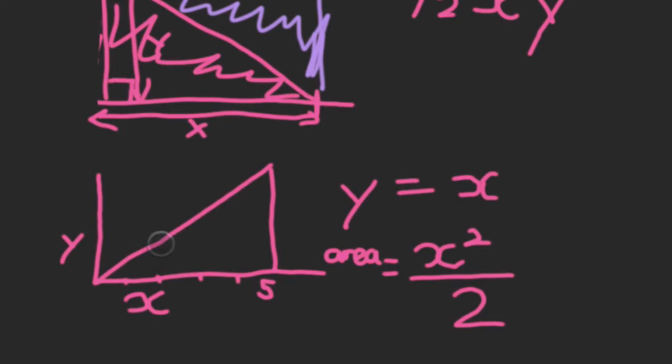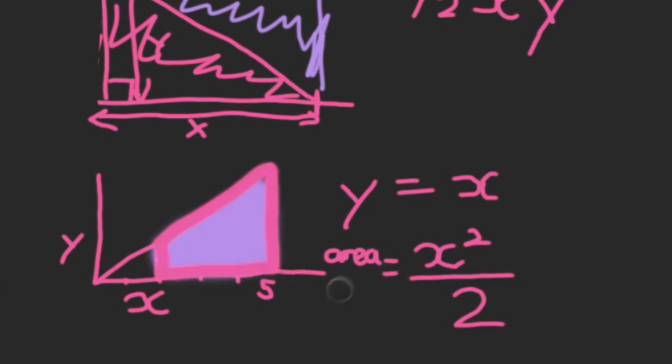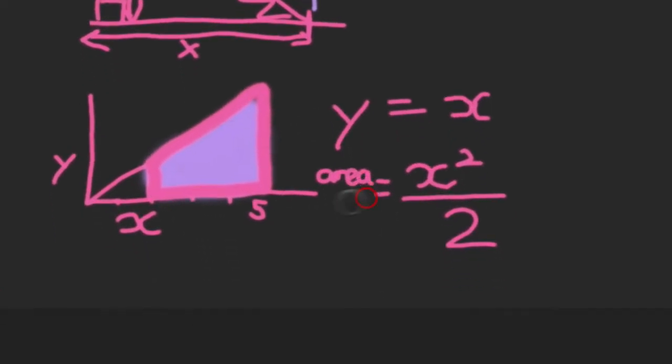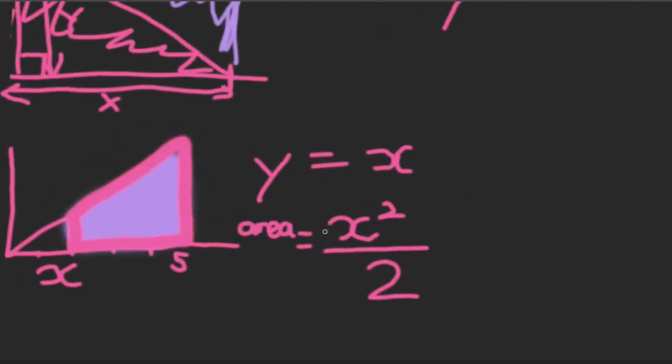Now if you want to know the area from 2 to 5, you're only worried about this bit here, that's dead easy. You can work that out by taking away this bit here. In this case, area is x squared divided by 2. We need to say we want to work it out between 5 and 2.